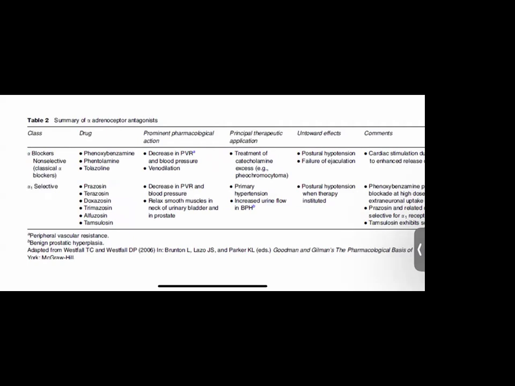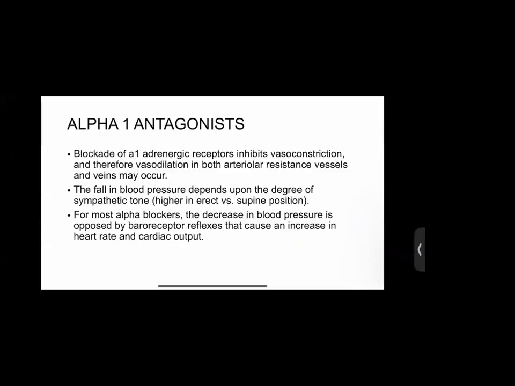For example, phenoxybenzamine: the prominent pharmacological action is decrease in peripheral resistance, and it is used in treatment of catecholamine excess and so on. So let's move to the next slide. So the alpha-1 antagonists.